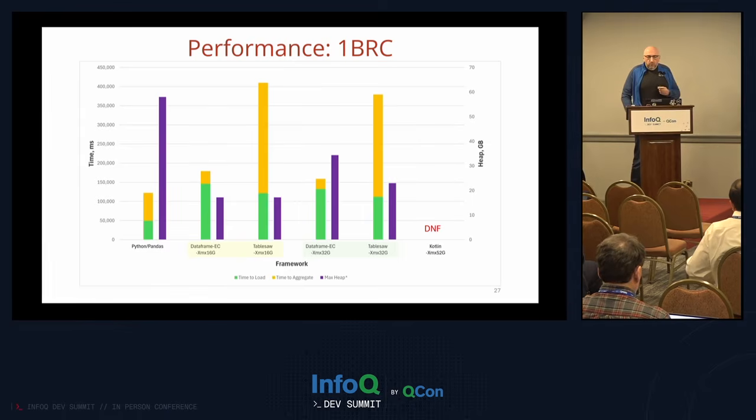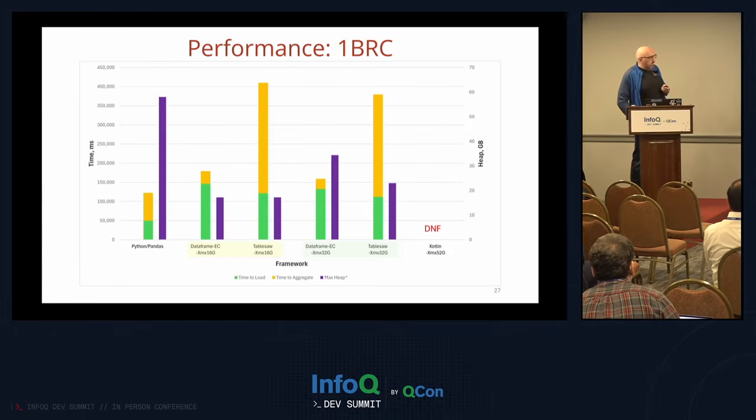For the Java frameworks, we have 2 measurements for each. One with 16 gigs of heap allocated, the other one with 32. And the idea was to just compare how frameworks behave under some level of memory garbage collection pressure.